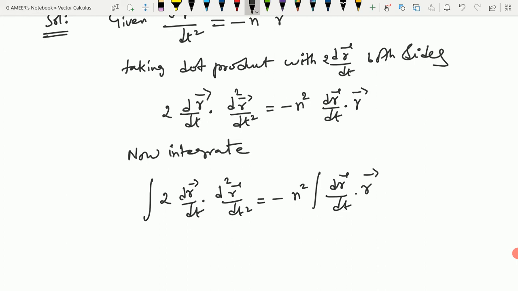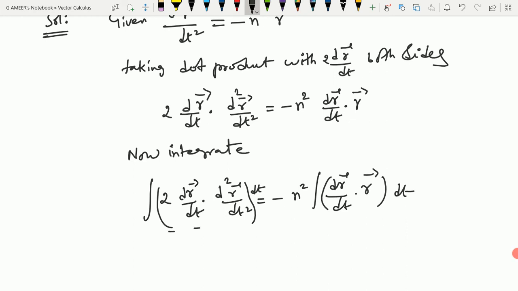Of course, for integration we need to write dt here. Don't forget to put dt, and here also, because we are integrating with respect to t.